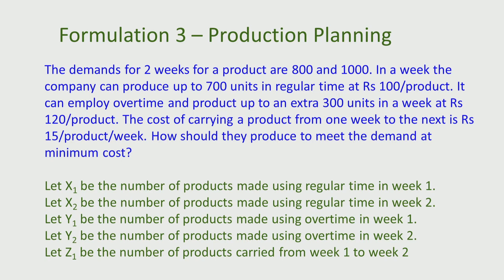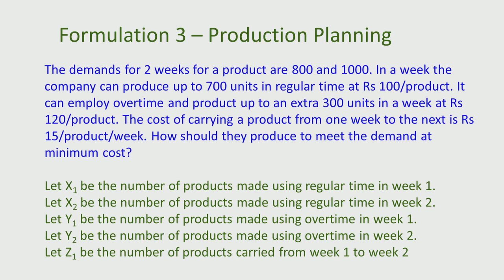The company can also produce a little more in the first week if it is possible and use the excess from one week to another, and the cost of carrying this excess inventory from one week to another is rupees 15 per product per week. How should they produce to meet the demand of the 2 weeks at minimum cost?